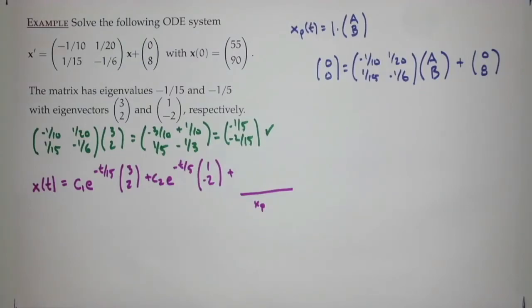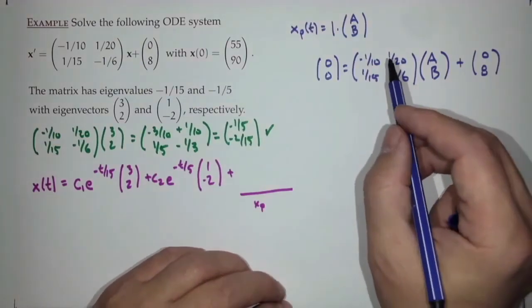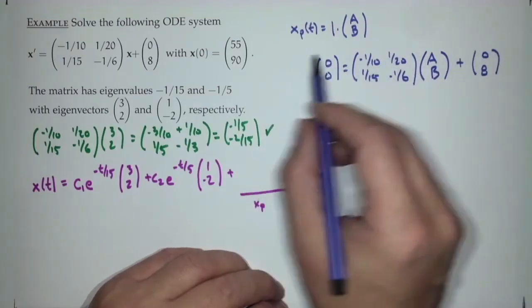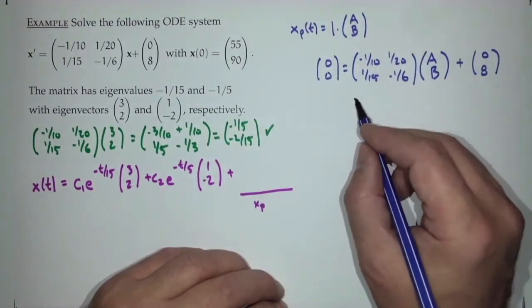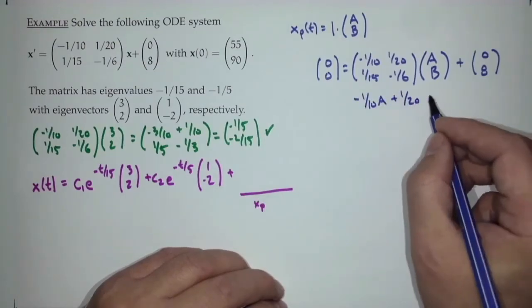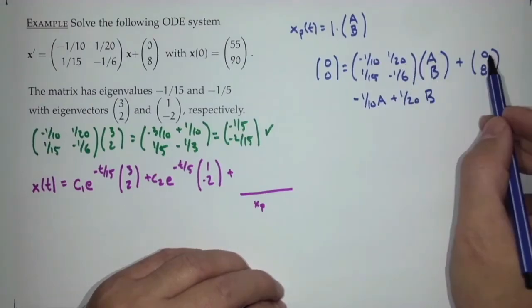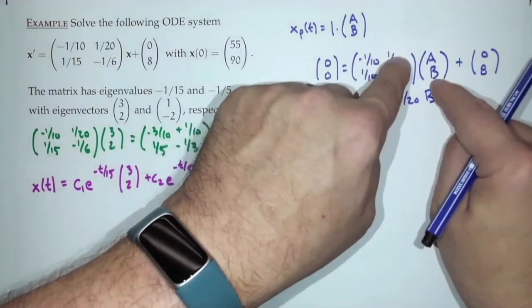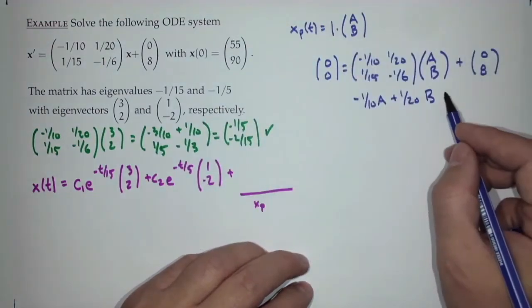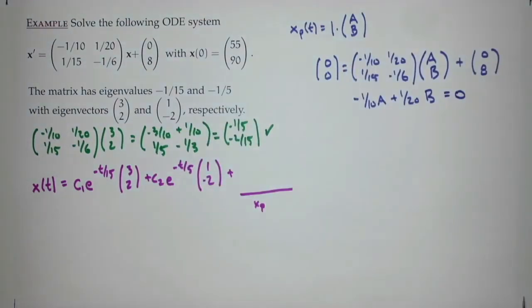So let's write down these formulas here. This first one, think of it as 2 entries or 2 lines. Minus 1/10 A plus 1/20 B plus 0 equals 0.